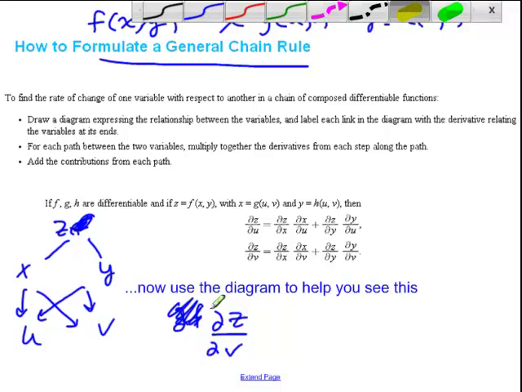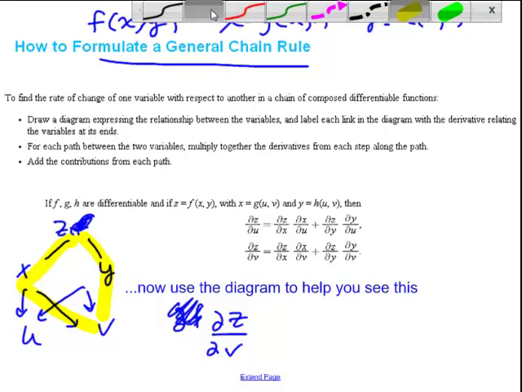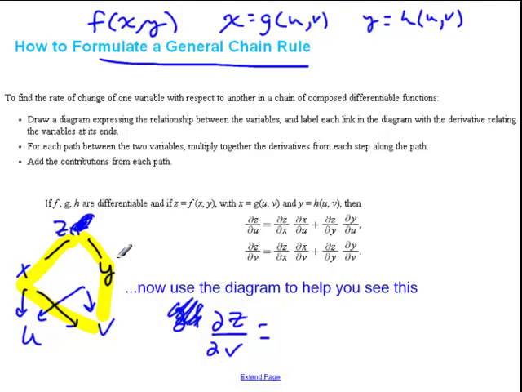The way that z can change as a function of v is it can go x to v or y to v. So it will equal, going down the first half, the partial derivative of z with respect to x times the partial derivative of x with respect to v, and that's how z changes with v going down the x path.